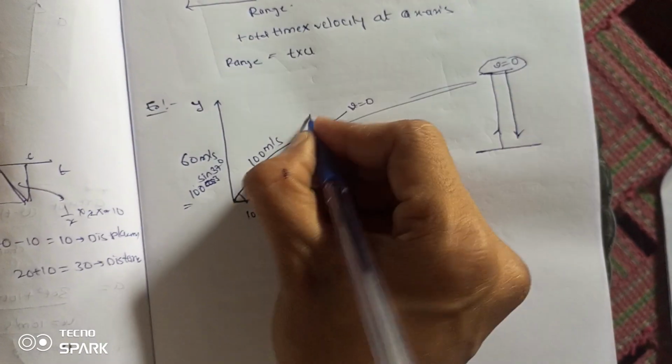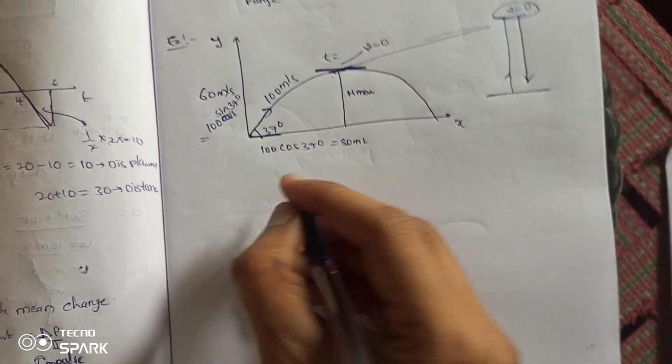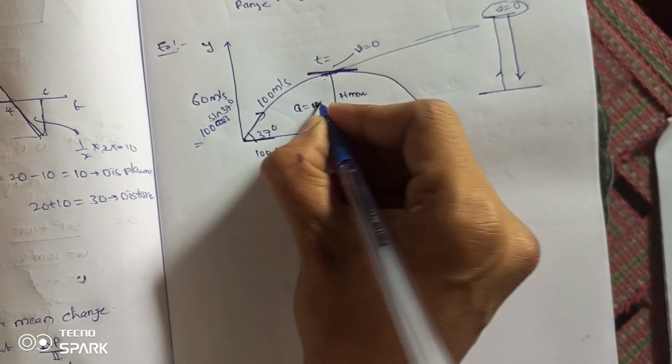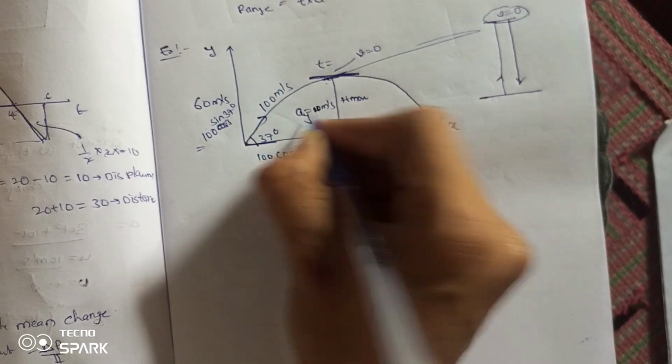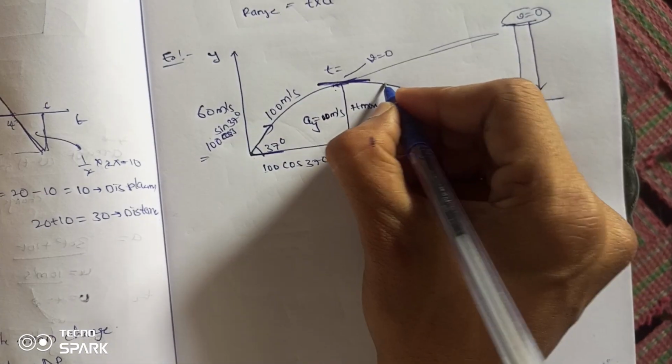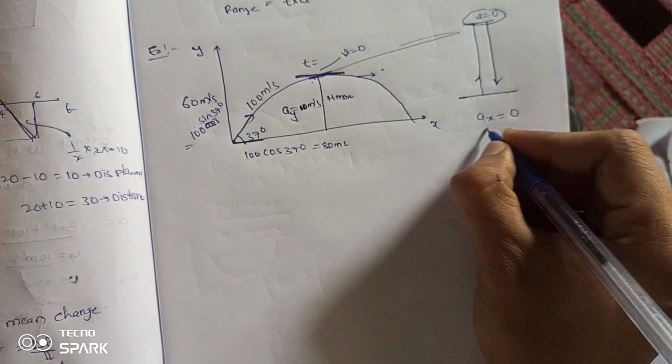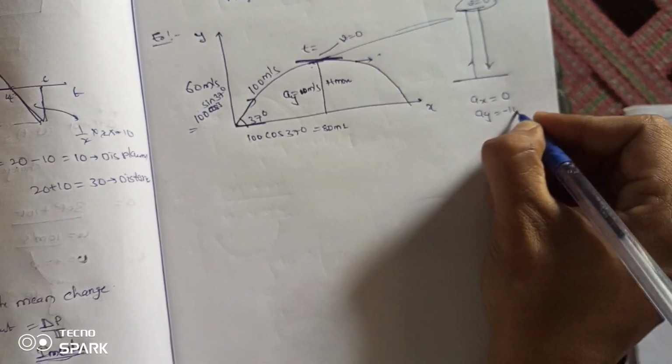In this time, acceleration is 10 meters per second squared in the y direction. In the x direction, acceleration will be 0. Acceleration in the x direction is 0, in the y direction it is -10.